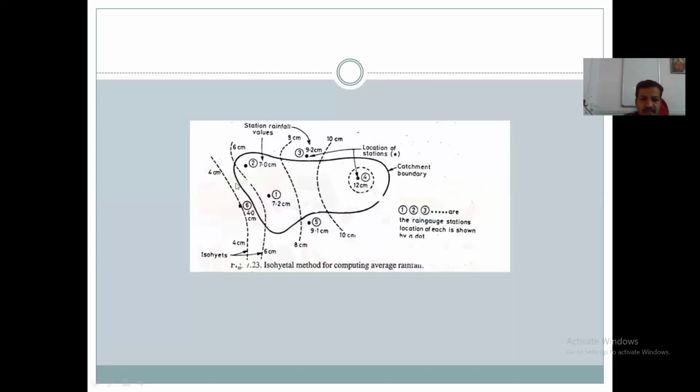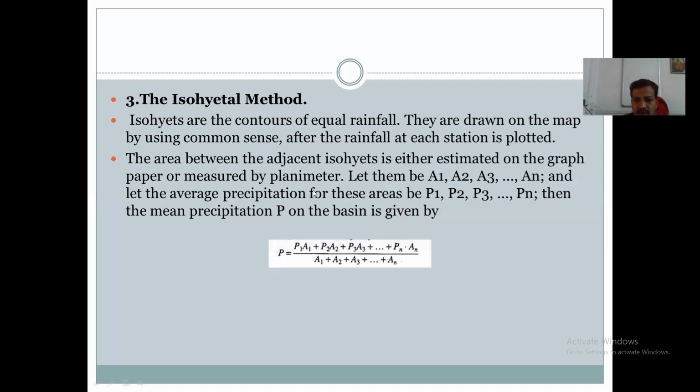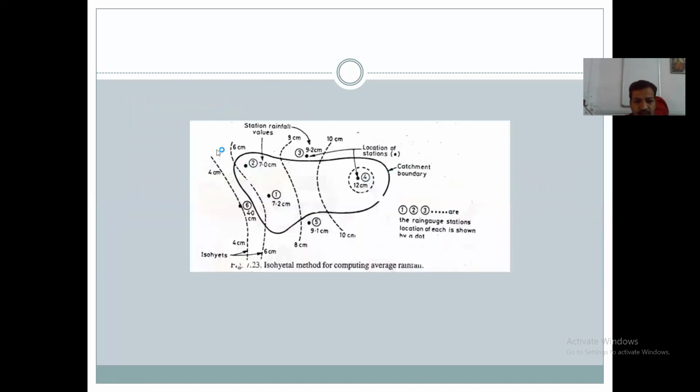The area enclosed by each isohyet is measured with the help of a planimeter or on graph paper. In the isohyetal method, the contours of equal rainfall are drawn on the contour map.